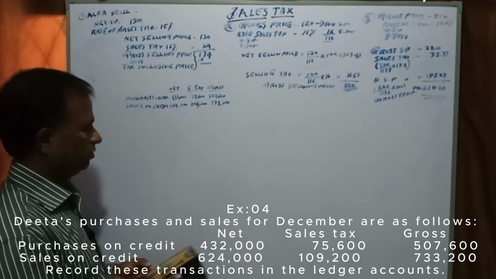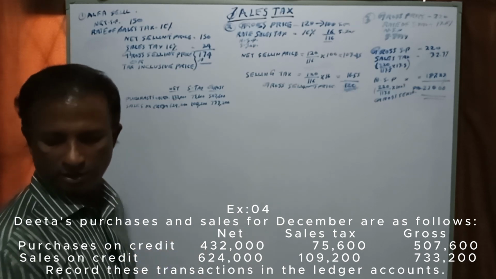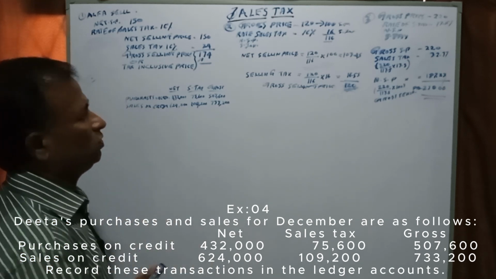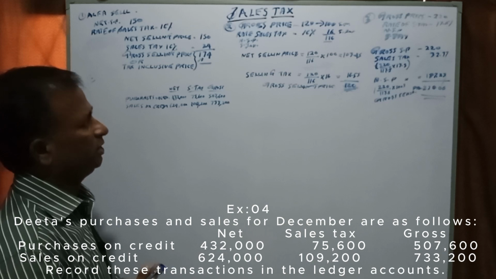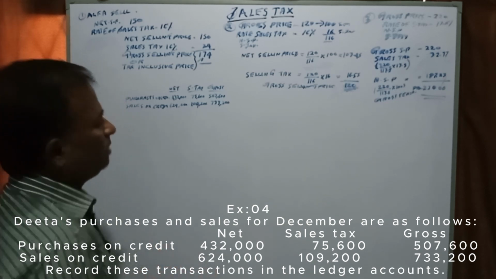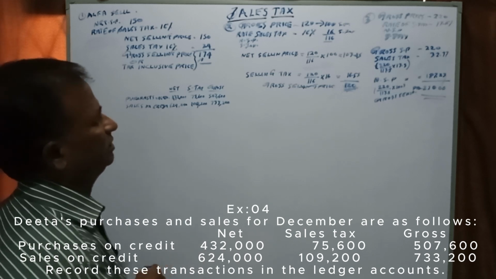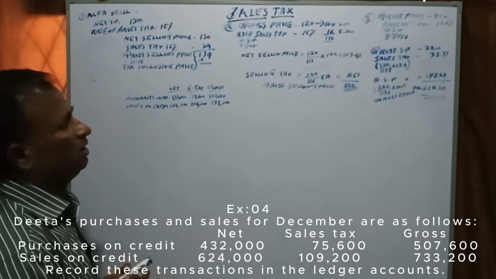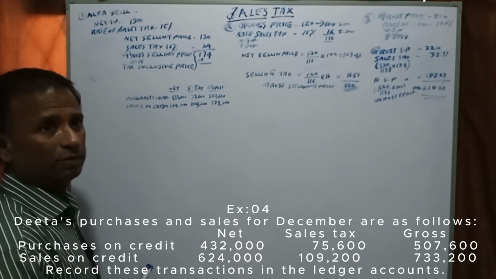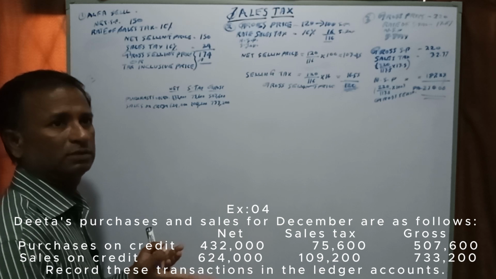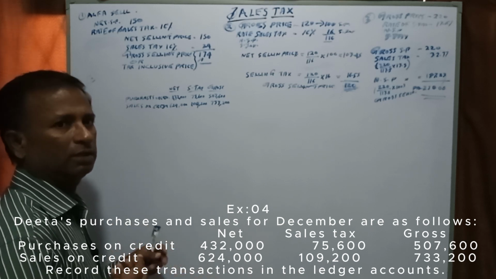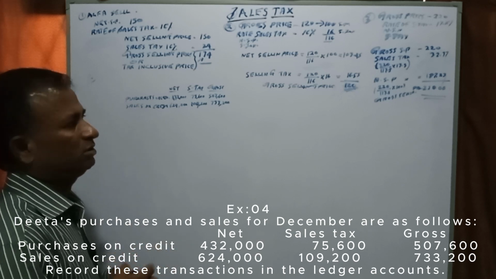Before we go to the ledger accounts, we have to see what the double entries are for sales tax and sales, and purchases and purchase tax.